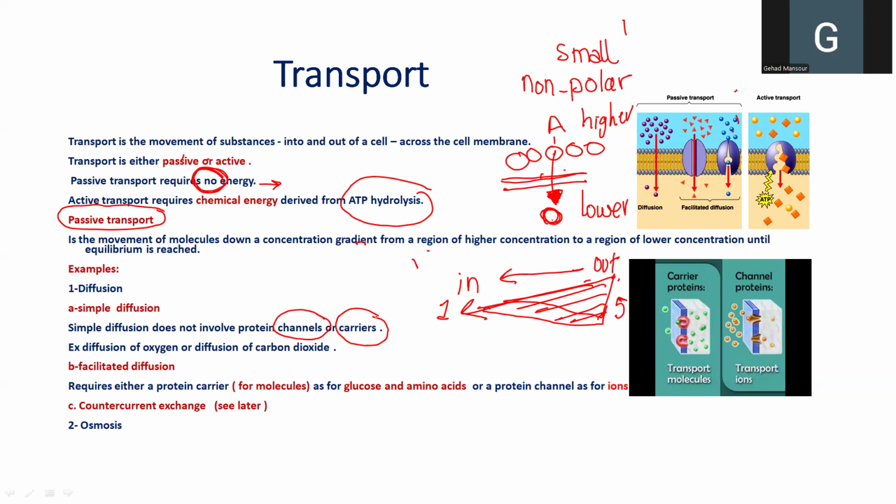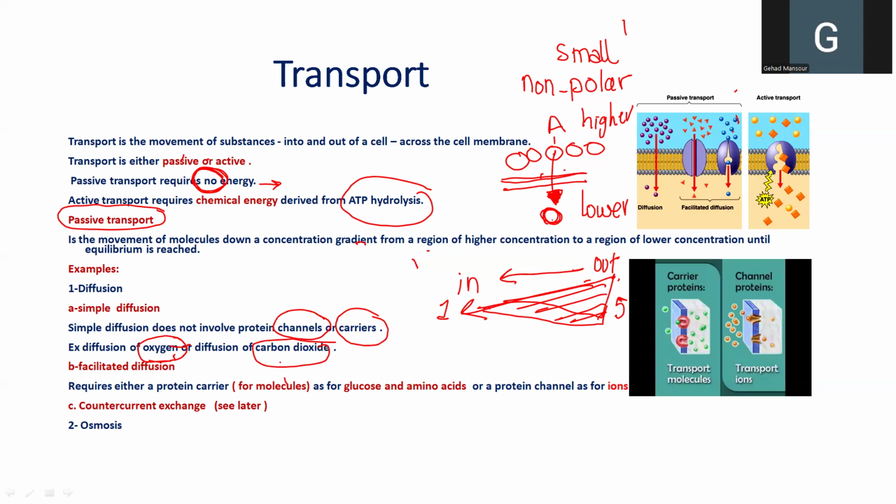For example, oxygen. Oxygen is a small non-polar molecule. Carbon dioxide is also a small non-polar molecule. Both gases are very important for the human body, and they can just pass by simple diffusion.